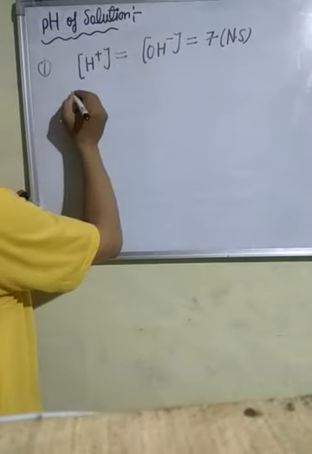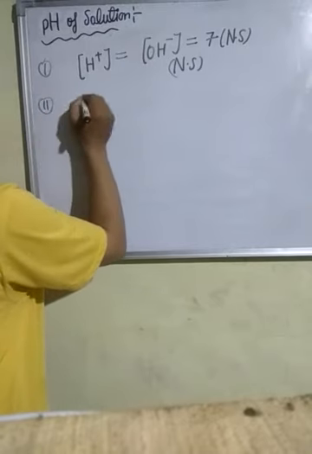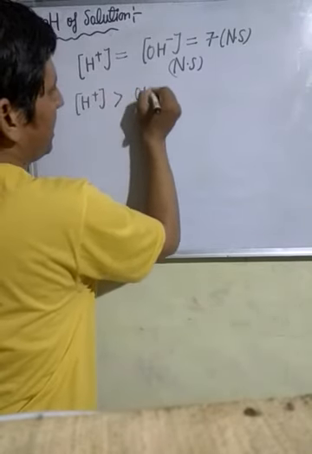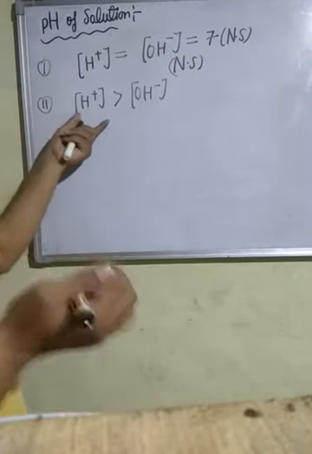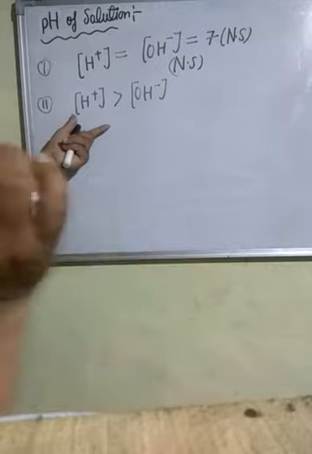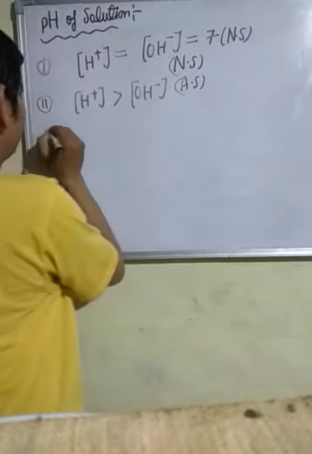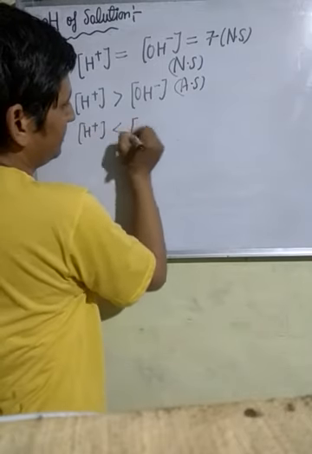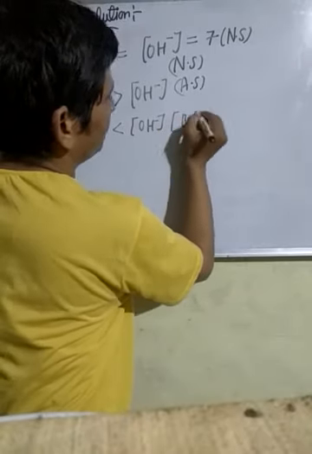If hydrogen ion concentration is greater than hydroxide ion concentration, it means if larger hydrogen ion, solution is acidic. So this solution is acidic solution. If hydrogen ion concentration is less than hydroxide ion concentration, solution is basic solution.